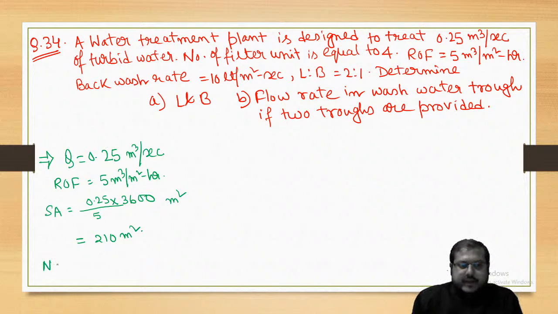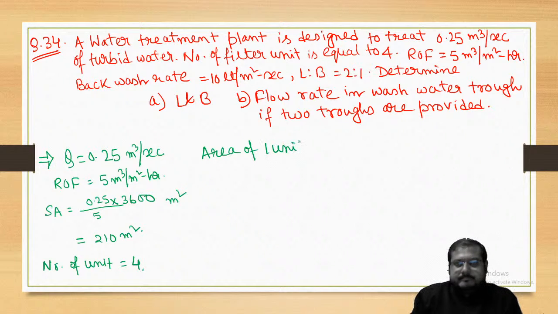So number of unit, it's 4. So area of one unit, 180 by 4. Sorry, it's 45 meter square it will be.